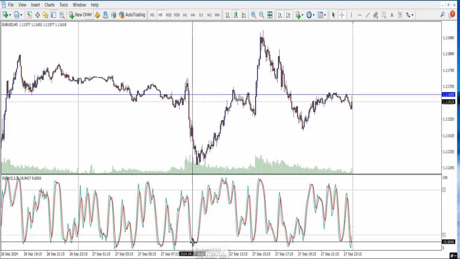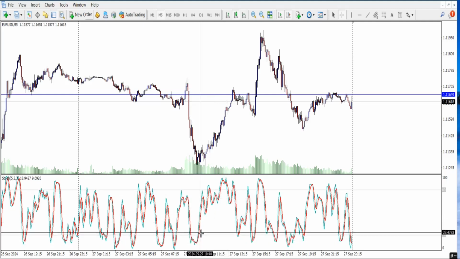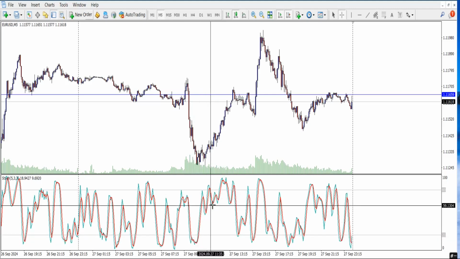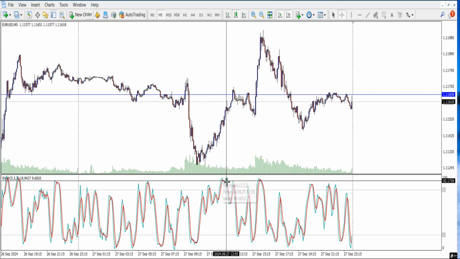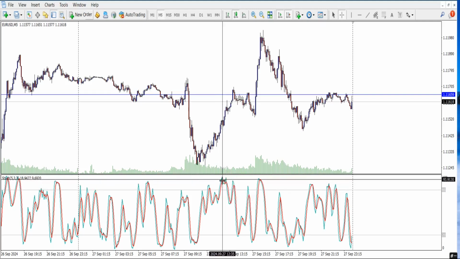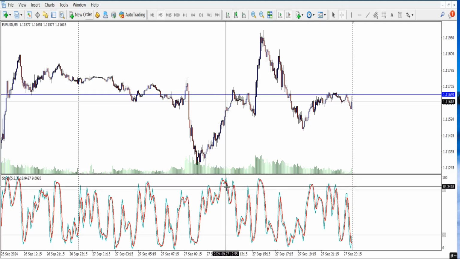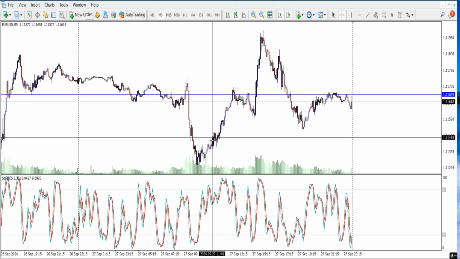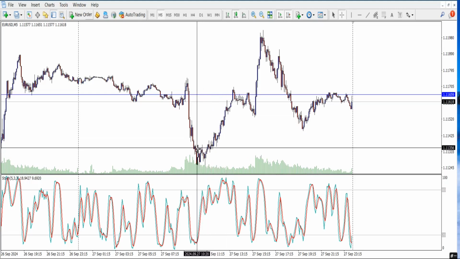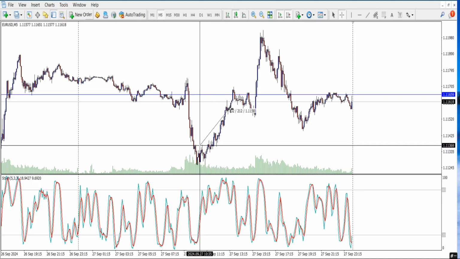Since your buy signal says there should be a bullish crossover around the oversold region, your exit signal could be when you see a bearish crossover around the overbought region. So we would have been exiting our trade somewhere around here, right? If we had entered somewhere around here and exited somewhere around here, that would have given us around 25 pips, right?